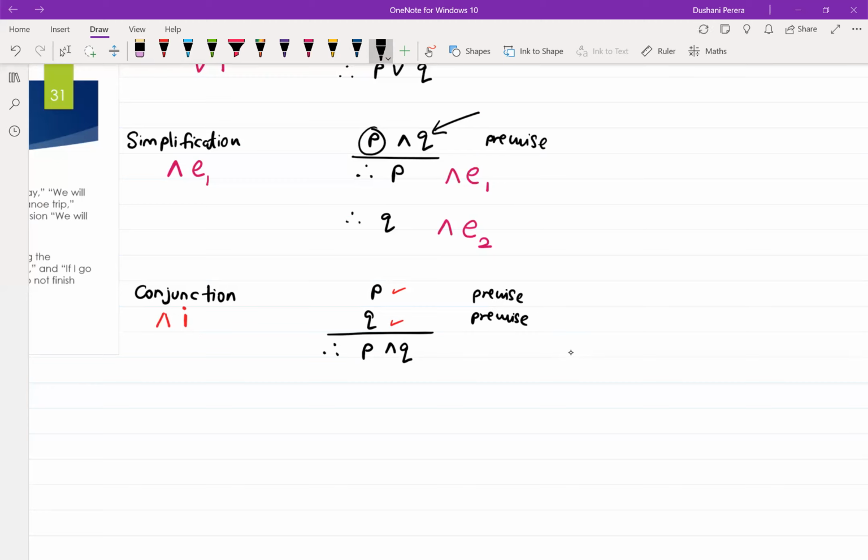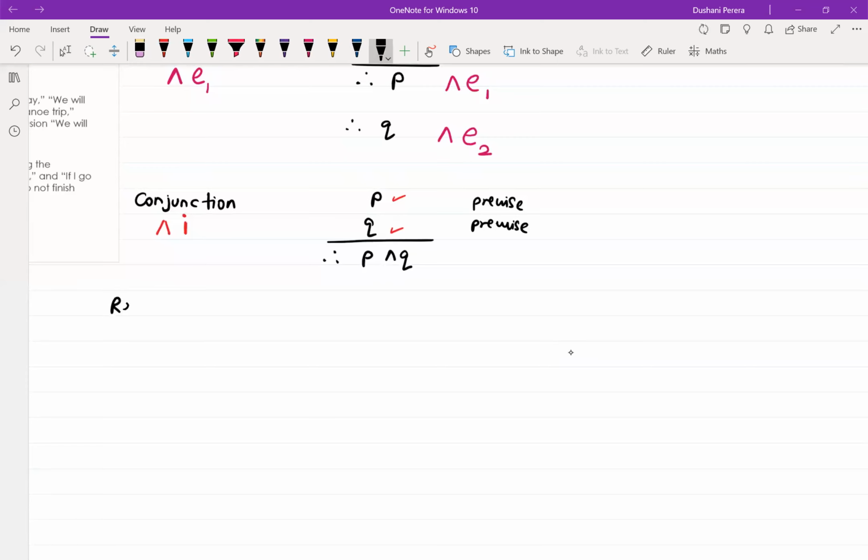So that is that. And then finally, you have something called resolution. The resolution principle. This also is an inference rule, but in an upcoming discussion, we'll be talking about the resolution principle in a deeper way.